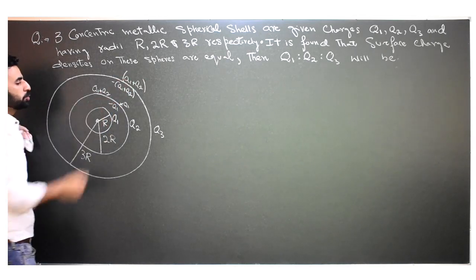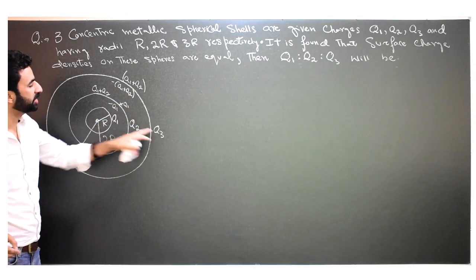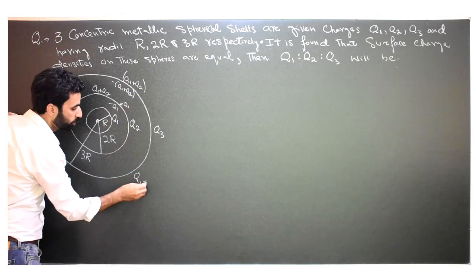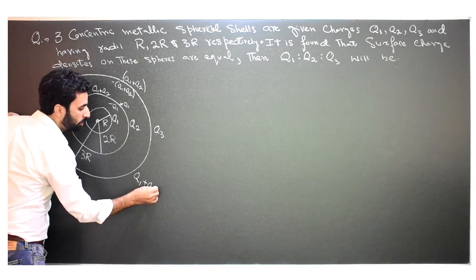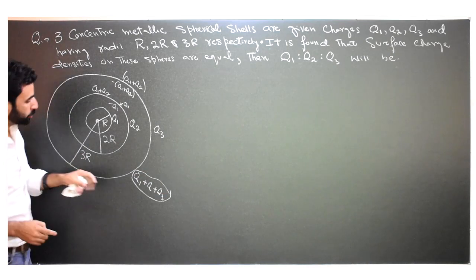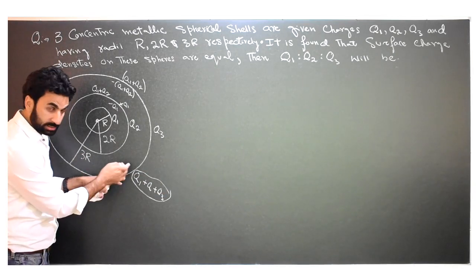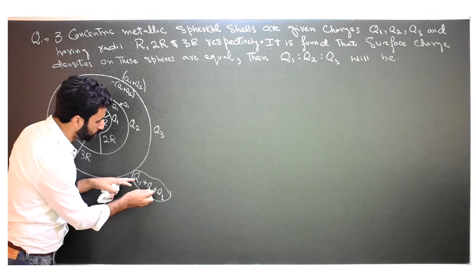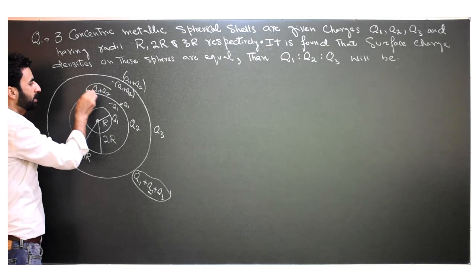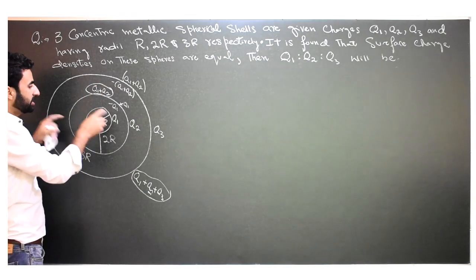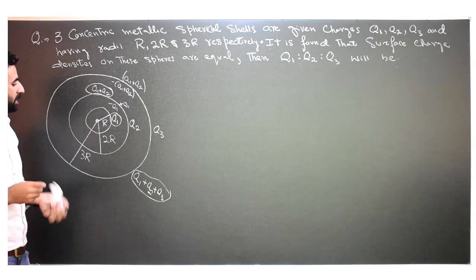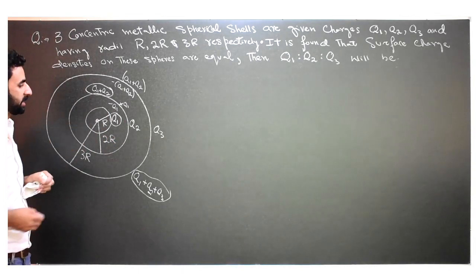So the total charge on the outer side of the third shell is q1 plus q2 plus q3. The total charge on the second shell is q1 plus q2, and the total charge on the outer side of shell 1 is q1. This is the preliminary concept you have to understand before proceeding further.